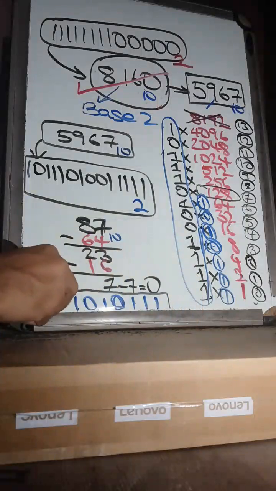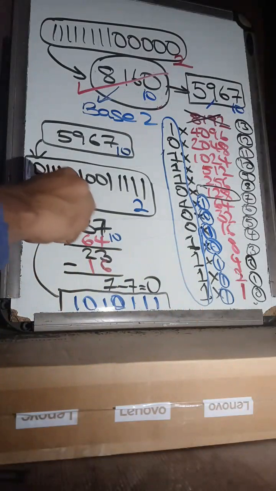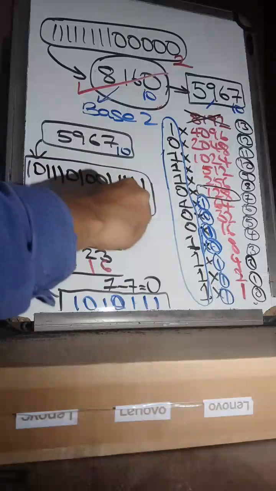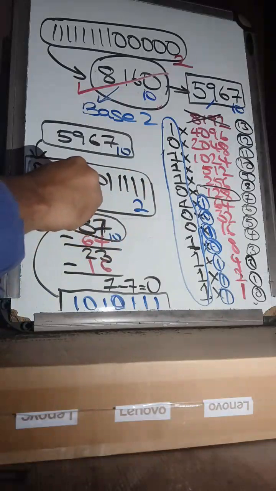This would be our base 2 equivalent of the number 87.